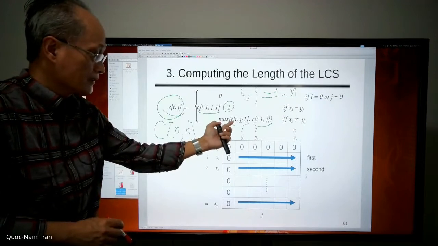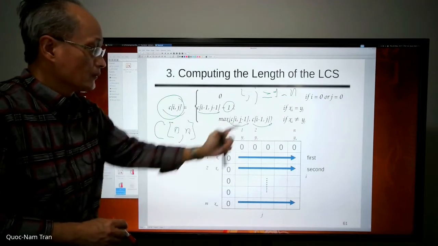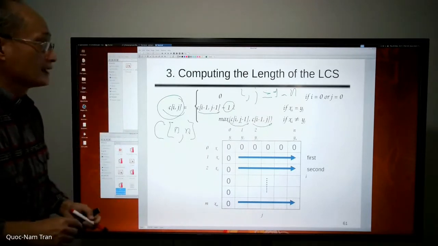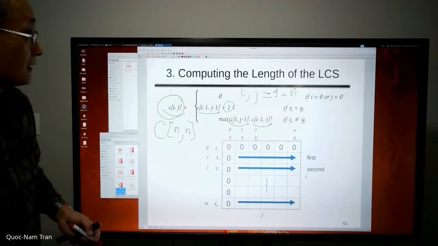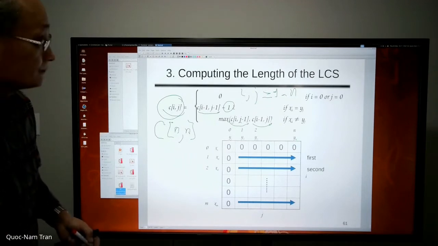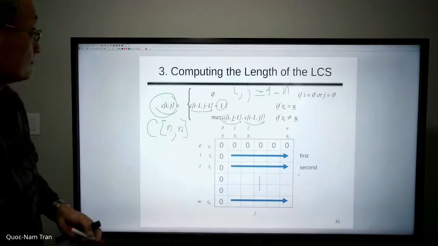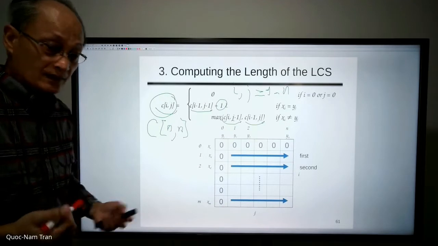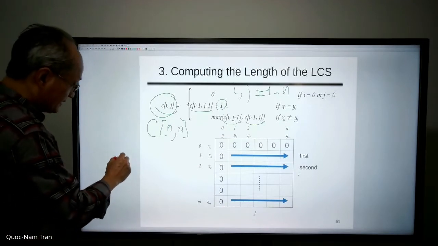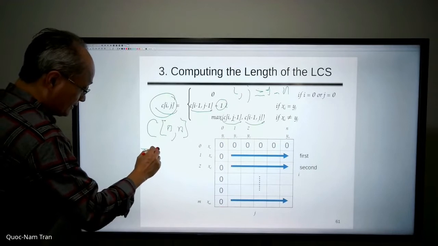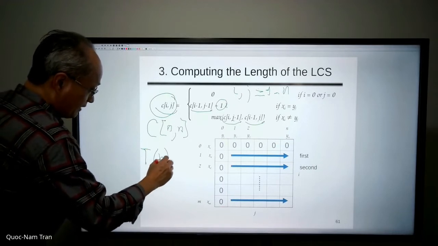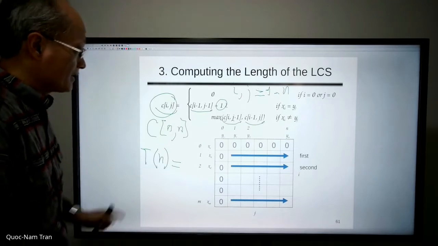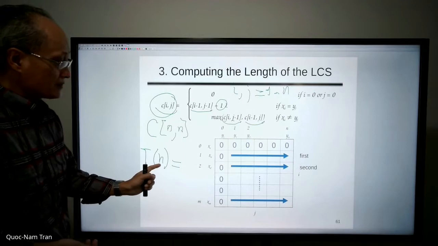Here, we can assume that both i and j go from 1 to n. So if we call T(n) the number of steps needed, right?